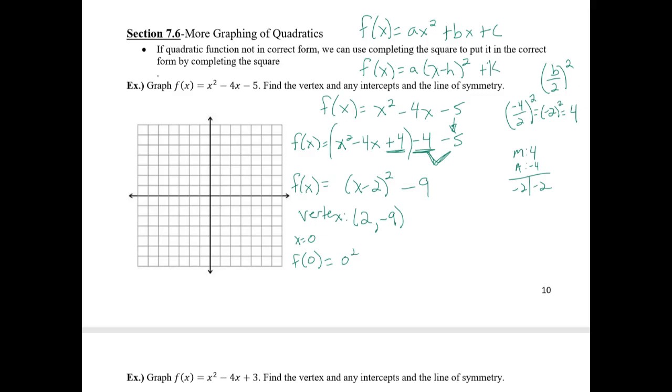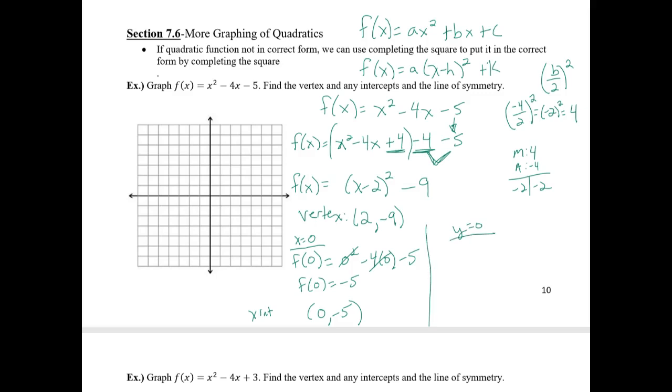And I'd get 0 squared minus 4 times 0 minus 5. 0 squared is 0. 4 times 0 is 0. So f of 0 is -5. And that gives me the ordered pair 0, -5. So there's another point on my graph. That is the y-intercept, right? We let x equal 0. This is the y-intercept.